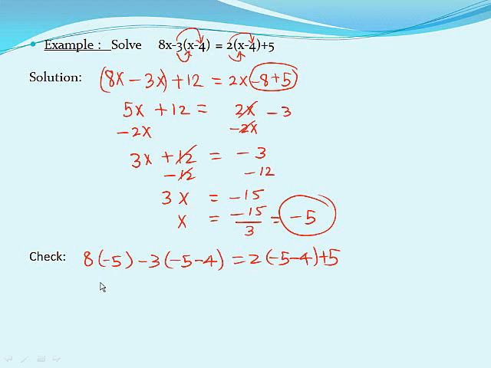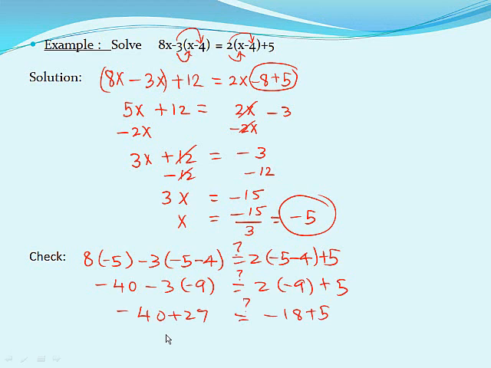If we simplify this, we will get negative 40, minus 3 times negative 9. On the other side, we will get 2 times negative 9 plus 5. So we are checking whether these two sides are equal. And this will be negative 13 and this is also negative 13, so both sides are equal, so it checks.